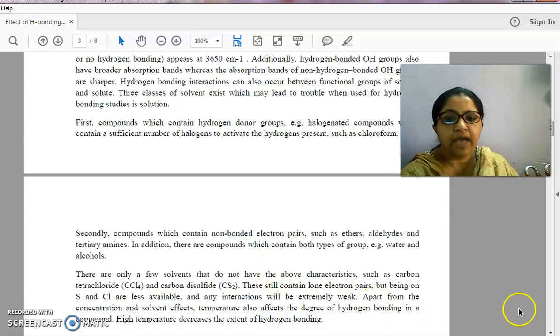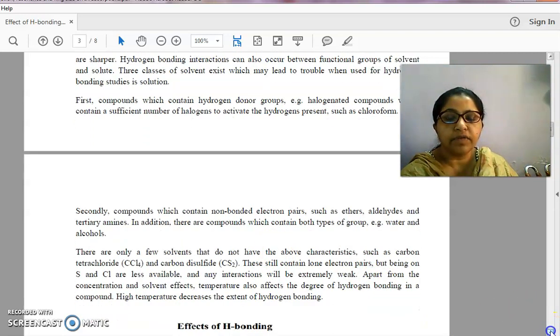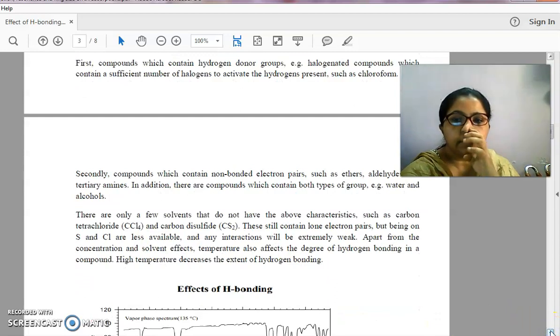And also we have certain types of solvent where there is Cl or sulfur, but no hydrogen. During that time, it will interact, but since most molecules in organic chemistry have a lesser amount of sulfur or chlorine, the interaction will be lesser.